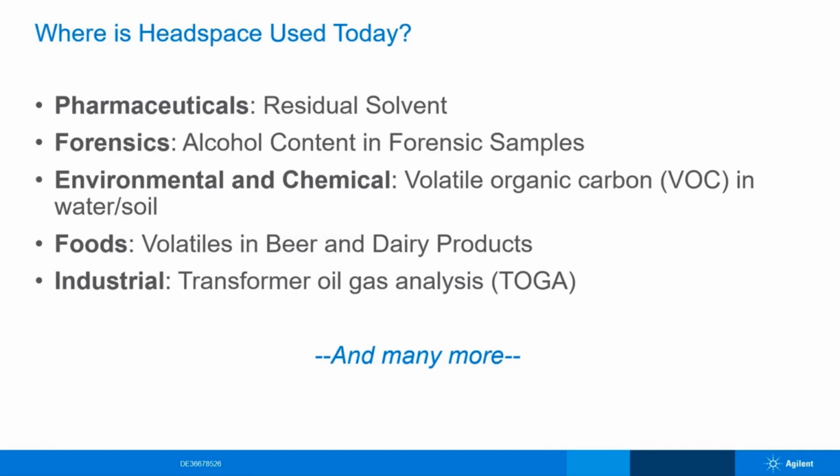You'll see it in the food industry for flavors, fragrance, beer, dairy, and then finally, it's a major component of transformer gas analysis. So really a wide range of applications that rely on this ability to take dirty samples and with very little work and cleanup, analyze a wide range of compounds reliably and with a high degree of sensitivity and repeatability.